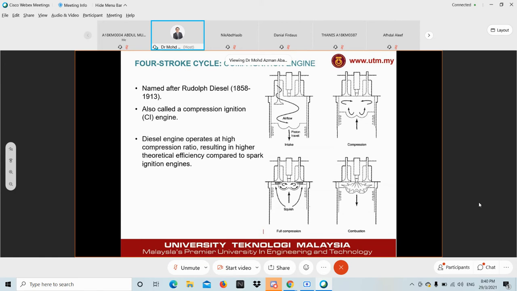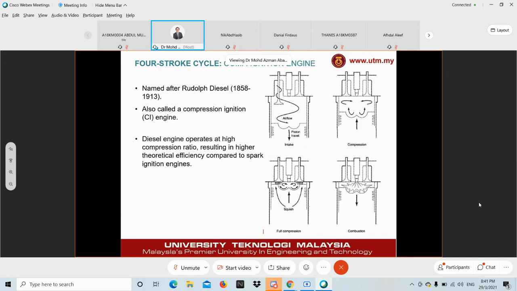Some of us know this as diesel engine. The diesel engine operates at a very high compression ratio compared to SI engine. Now kenapa SI engine we cannot have a very high compression ratio? Again, because of knocking. But in diesel, we don't have that issue.